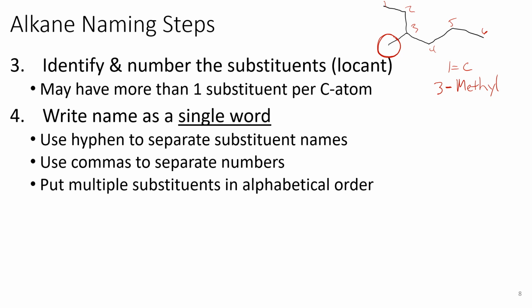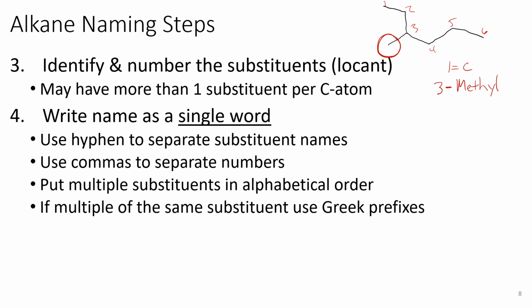We will put multiple substituents in alphabetical order. So if we have more than one branch, we will list them in alphabetical order. It does not matter number order. It does not matter what the locants are. Those locants do not have to be in numerical order. What we do is we alphabetize the substituents. So ethyl would come before methyl, irrespective of their locants.